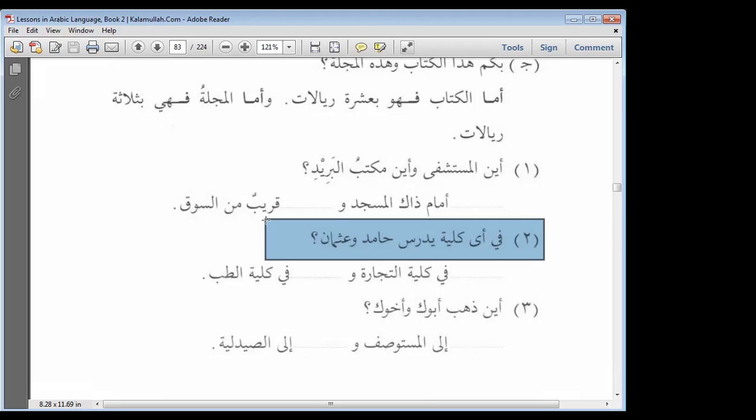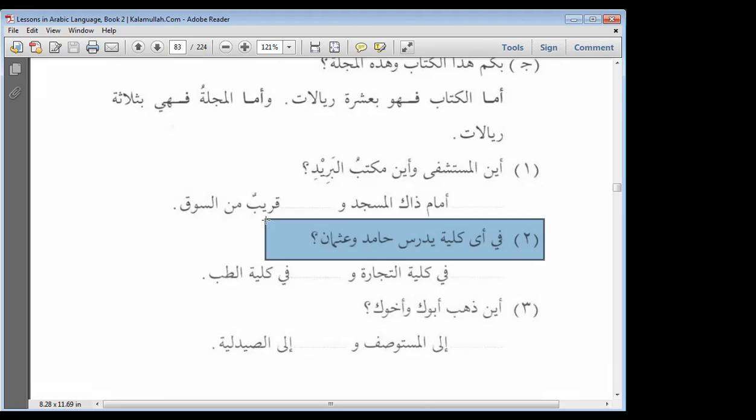Right, so you would say, Amma Hamidun فهو في كلية التجارة وأما عثمان فهو في كلية الطب.